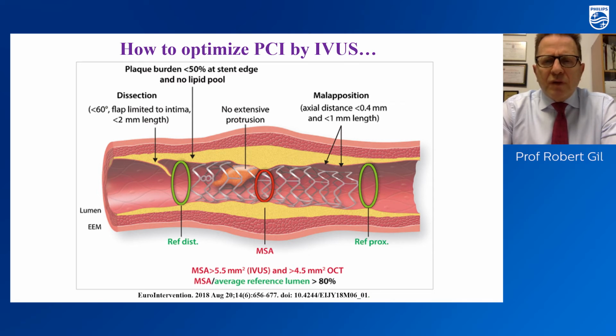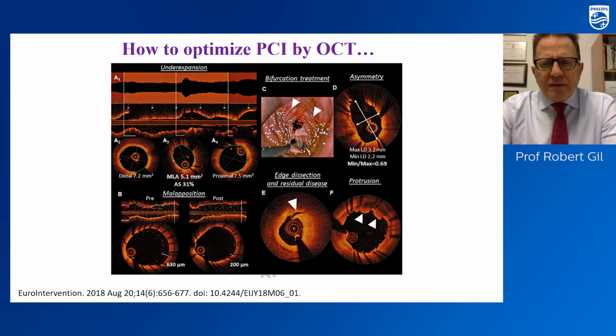We also look at the apposition of the stent. We look at the edge dissections. We can look at the references proximally and distally, just to achieve the best expansion of the stent, just to have the opportunity to recreate laminar flow within the stent. And of course, with OCT, it's also possible.